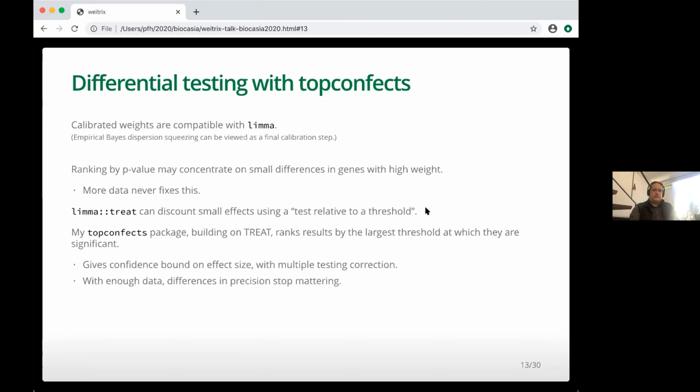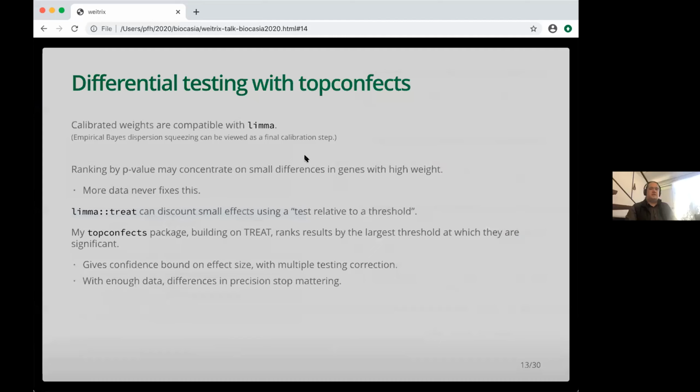Treat is a principled approach to getting around this problem. It lets you test relative to a threshold rather than relative to a null hypothesis of exactly zero. And then I've got a package called topconfects, which will essentially do the treat test for a bunch of different thresholds and then sort genes by the largest threshold that they're significant at. So that's essentially a confidence bound on the difference we're looking for with our multiple testing correction.